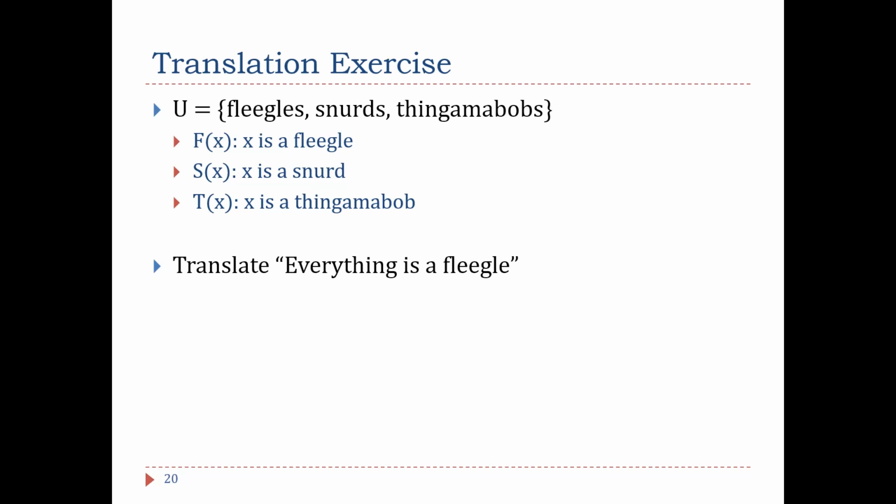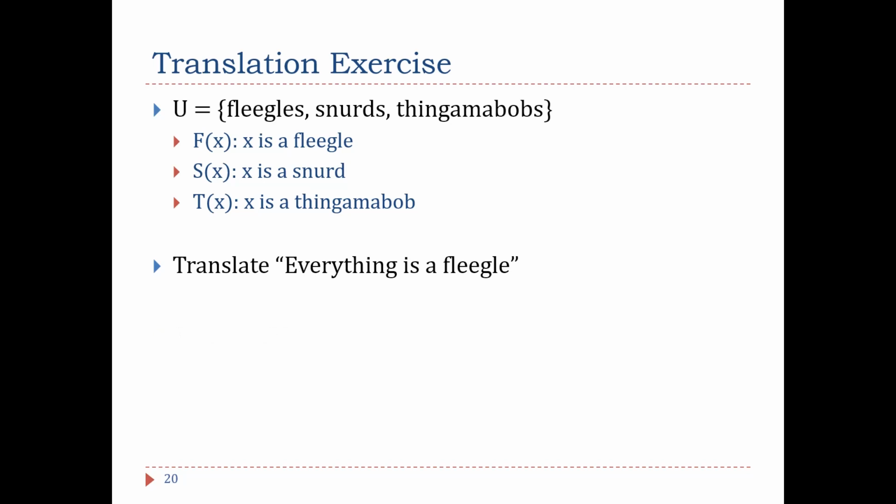In this case, we're going to use f of x, s of x, and t of x to denote those elements. You will see during the exercise that maybe some elements are flegels and snurds at the same time, or maybe being a snurd implies being a flegel. For any concepts that you have in real life, you may map them back to concepts like those.